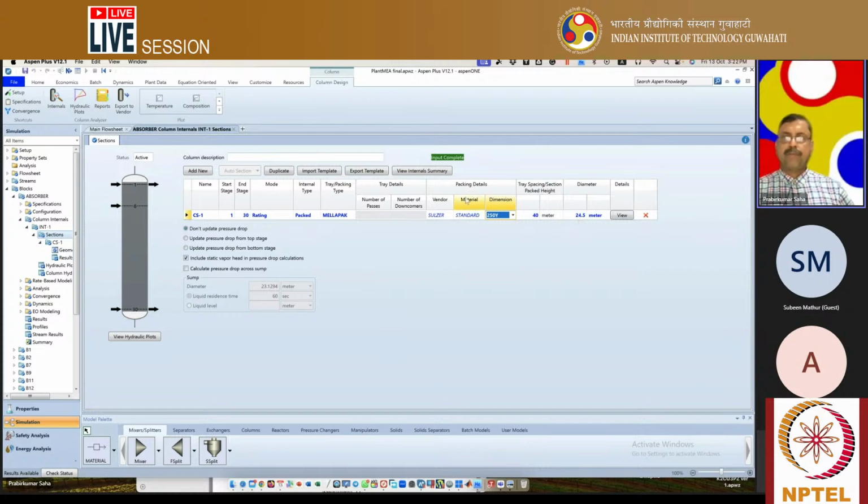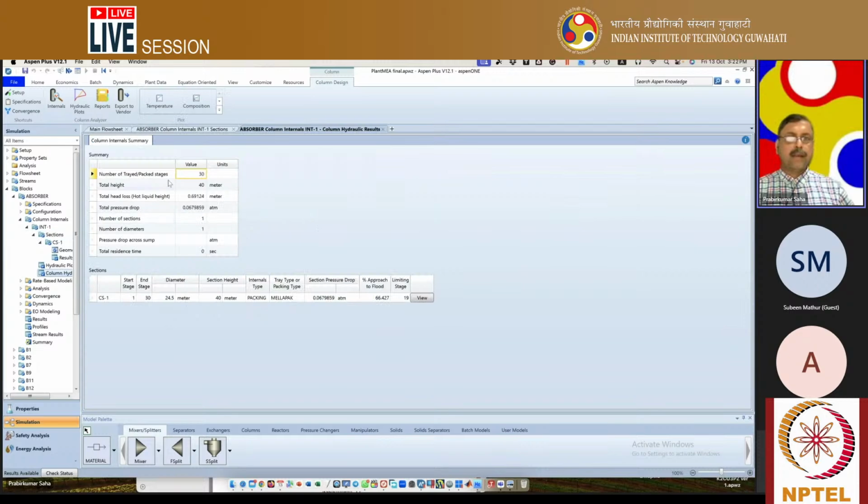And if you want to view the internal summary, then you can just press it and check there. So it is 30 number of trays, total height 40 meters, and total head loss is in meters. If you want to see it in PSI, maybe you will be able to.